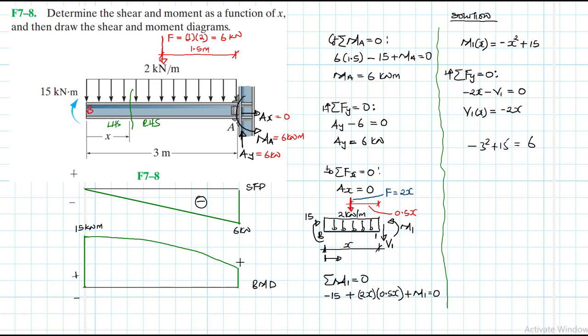So this point here is 6 kilonewton meters, and this is a positive moment, right? So it's like we are done with everything. We have the moment function there, which is a function of x, and we have the shear function there, which is also a function of x, and we have the diagrams.